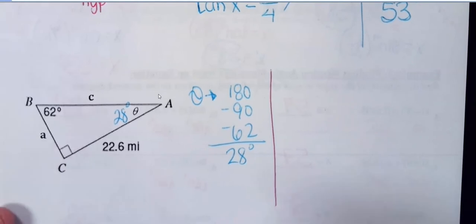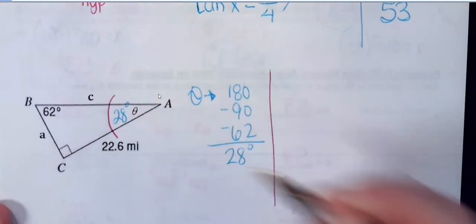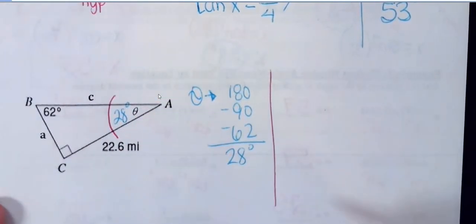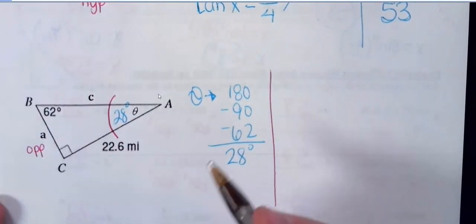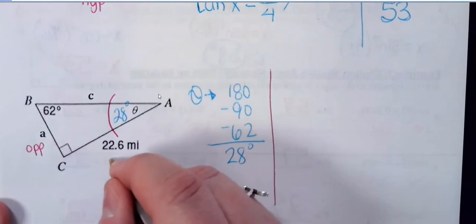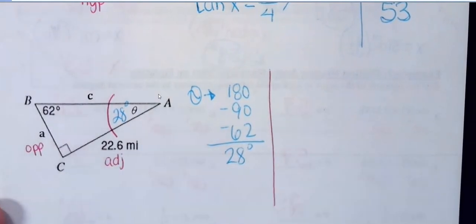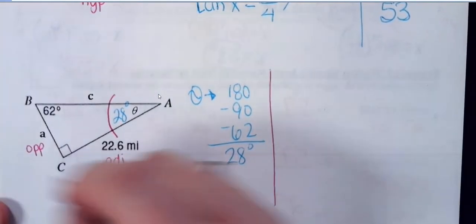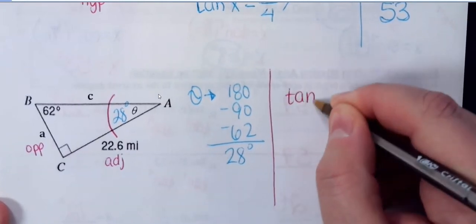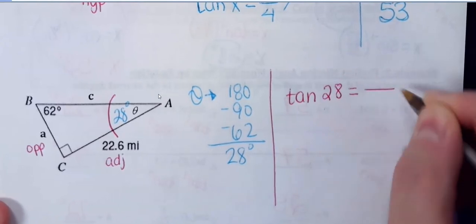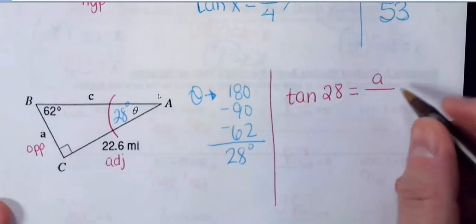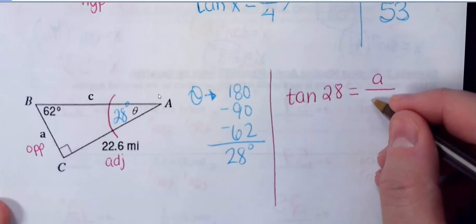If I focus on the 28, A would be opposite that, and the other side that I know is adjacent to that 28 degree angle. So as an option, opposite and adjacent tells me I can use tangent. I know the angle is 28, and the ratio there would be A over 22.6, opposite over adjacent.